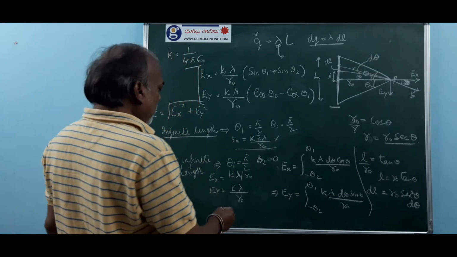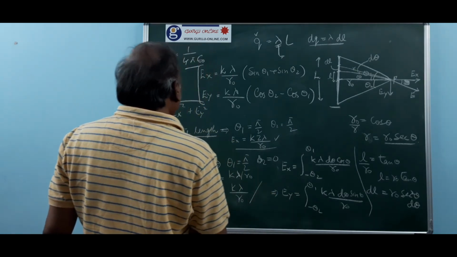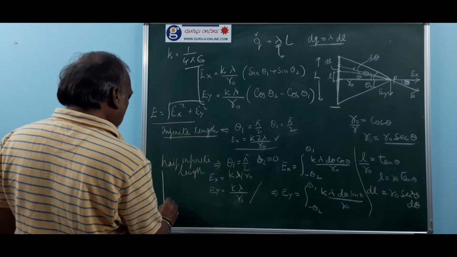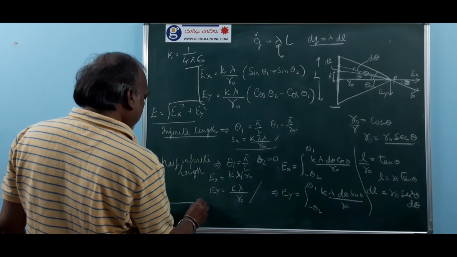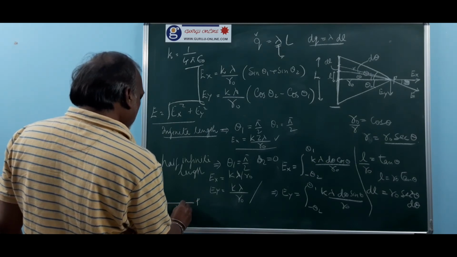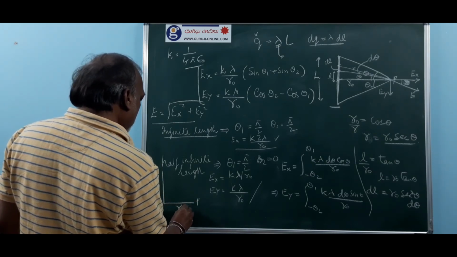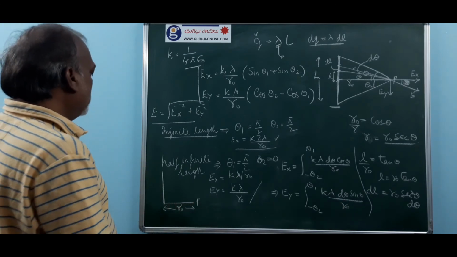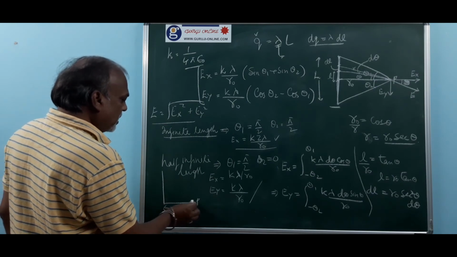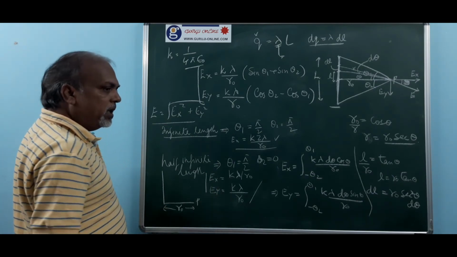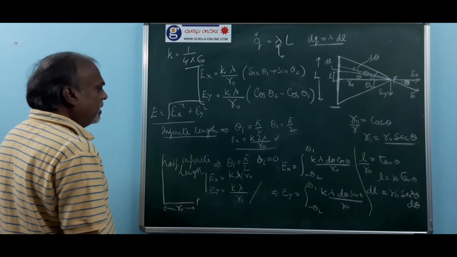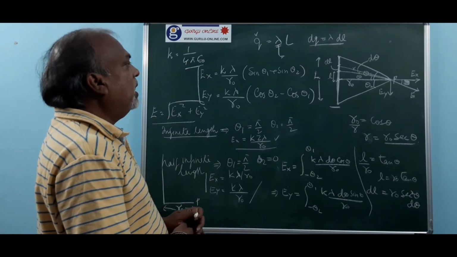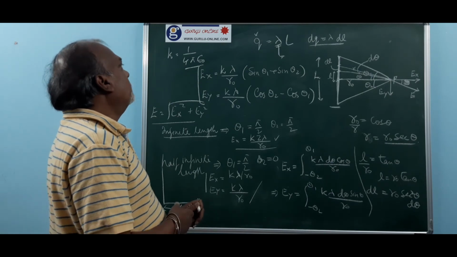So in case of this wire, at a distance of R0, this will be the value. This is an infinite wire. So many permutations and combinations can be there, and you can find out the electric field due to a line charge.